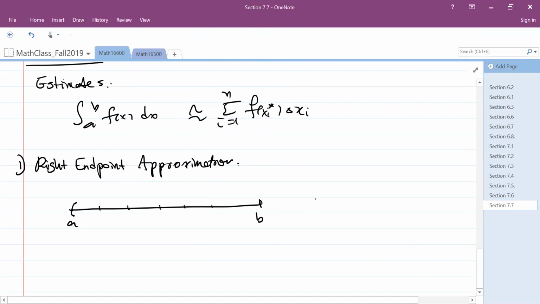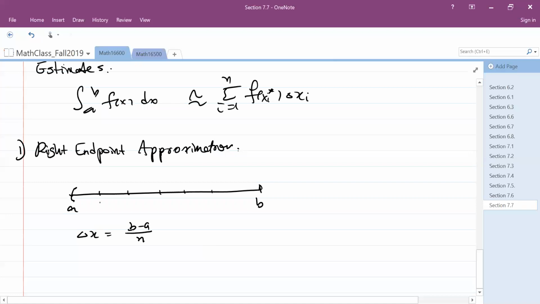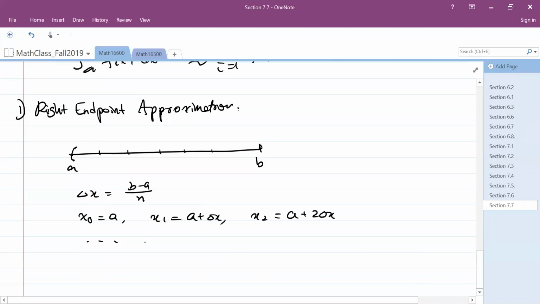So that means delta x is going to be b minus a over n. I don't want to take an arbitrary partition. Then x0 is still a, x1 is going to be a plus delta x, x2 is a plus 2 delta x, and keep it going, and xi is going to be a plus i delta x, and xn is a plus n delta x, which is b.